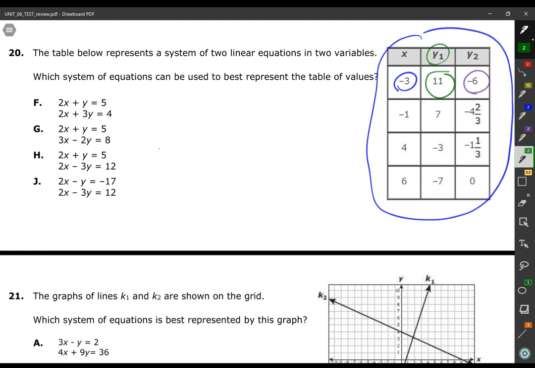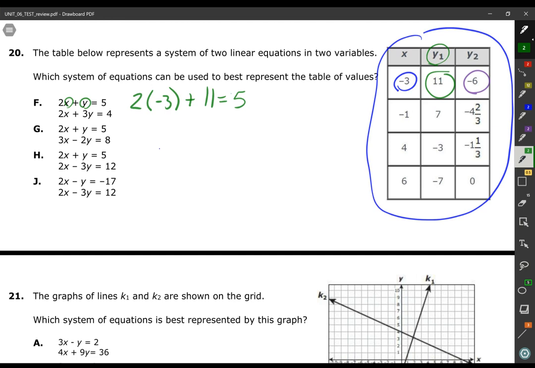Okay, so my first one is 2 times negative 3 plus y equals 5. Okay, so I took this first column here and I substituted it in for my x and my y right here.